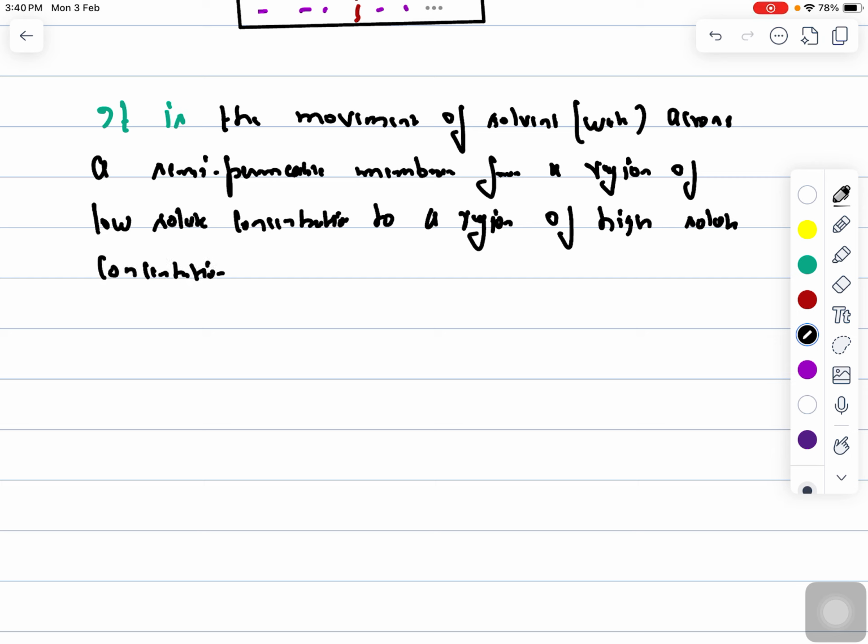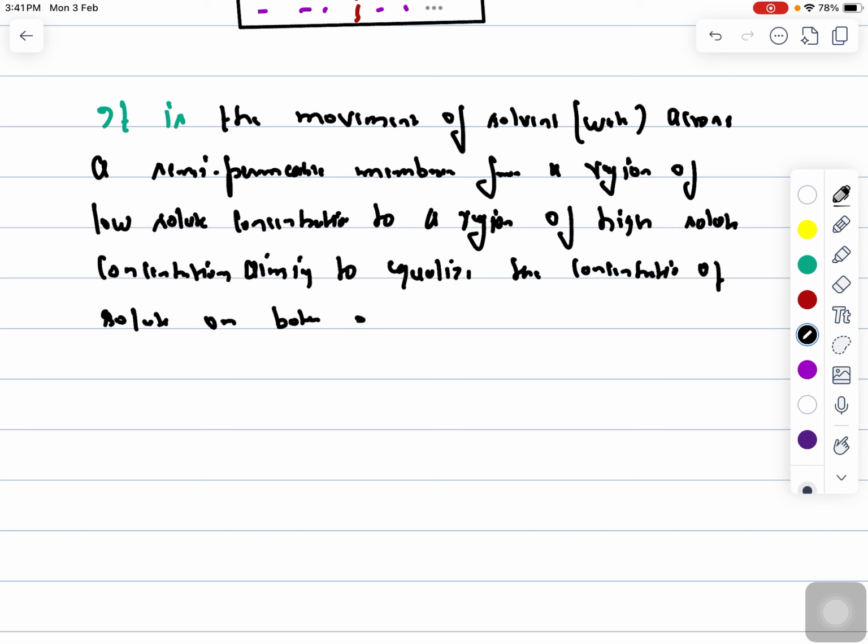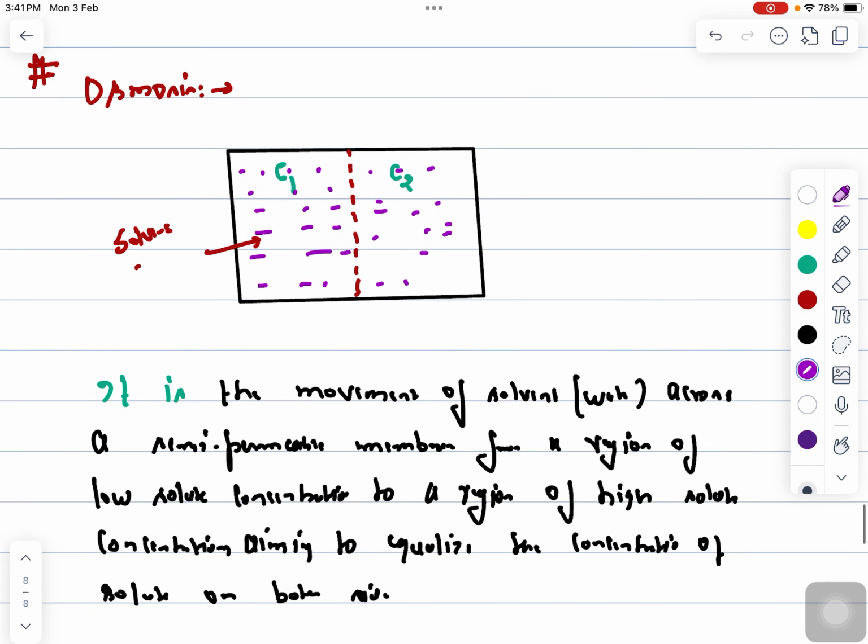But the definition is not very much required, though all of this process depends upon the definition only. Aiming to equalize the concentration of solute on both sides, right? So let's try to understand what is happening here in osmosis.